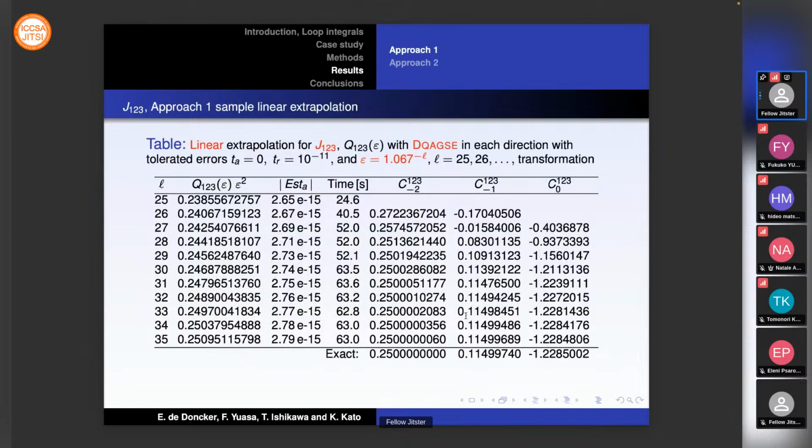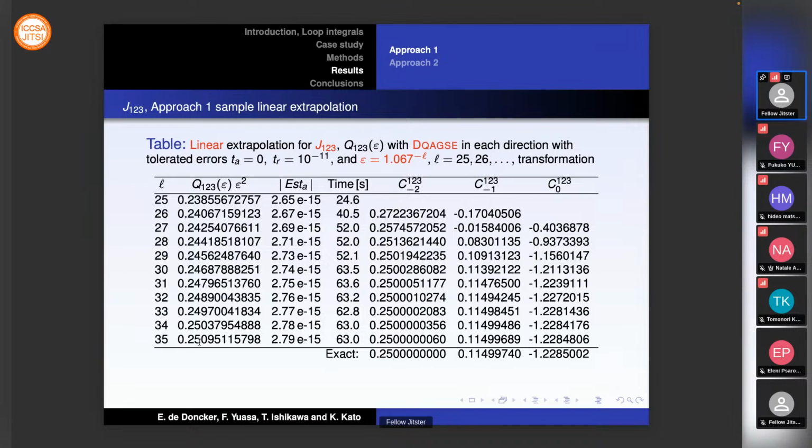For the results, here is an example just for one of the integrals, J123, using approach 1. So here we generate a sequence of Q123 of epsilon times epsilon squared. That's the input sequence for the extrapolation.